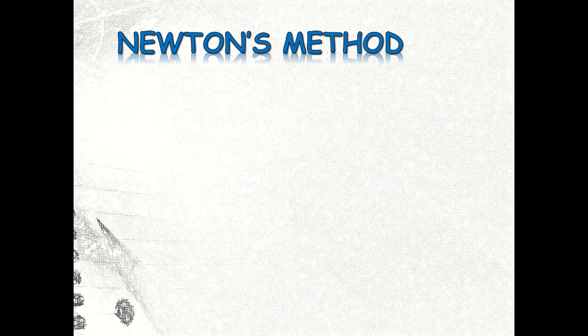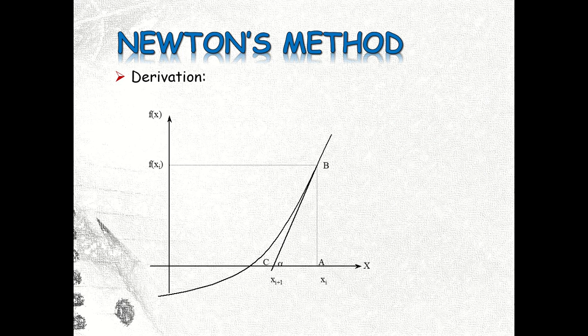Right? So we have here the derivation. Just copy the previous slide's graph. So this is the graph of the function, and this is the graph of its tangent line.